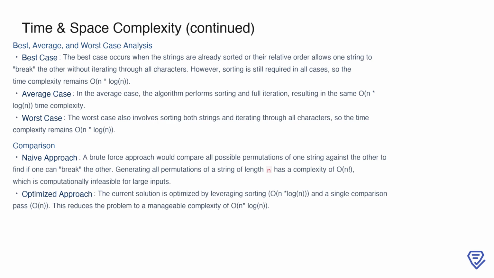Comparing this with a brute force approach, the naive solution would involve generating all permutations of one string to compare them with the other, which has an infeasible complexity of O(n!). By leveraging sorting and a single comparison pass, the optimized approach achieves a manageable O(n log n) time complexity.